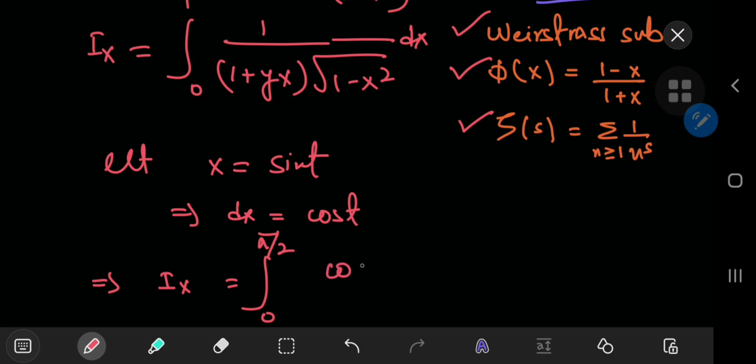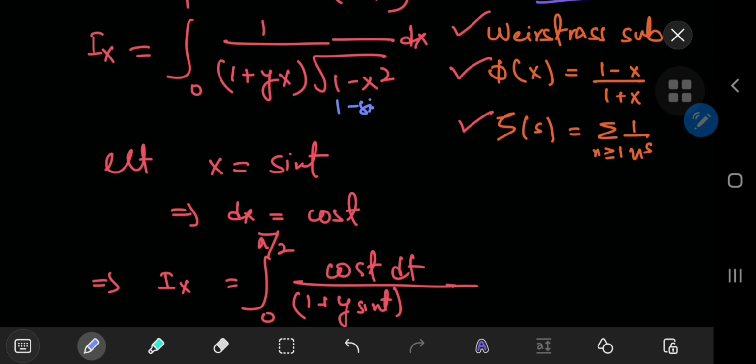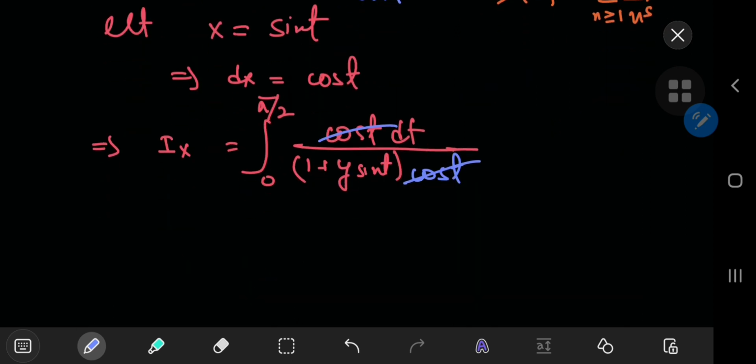And upstairs in the numerator, we have cosine of t times dt divided by 1 plus y times the sine of t multiplied by the square root of 1 minus sine squared t, which we know is the cosine squared t, and the square root evaluates to the cosine of t, and these terms cancel out quite nicely. So we're left with the integral from 0 to pi by 2 of dt by 1 plus y times sine of t.